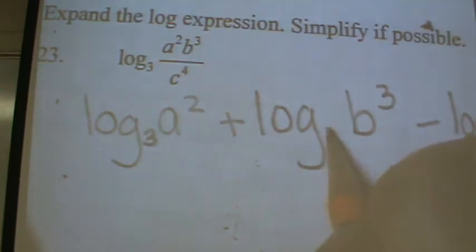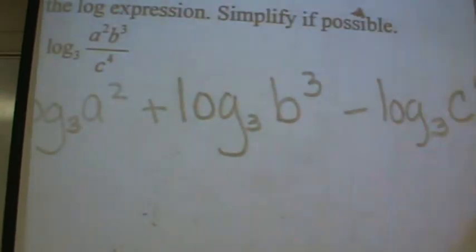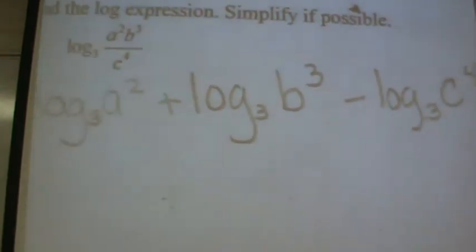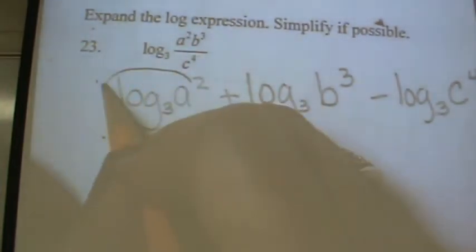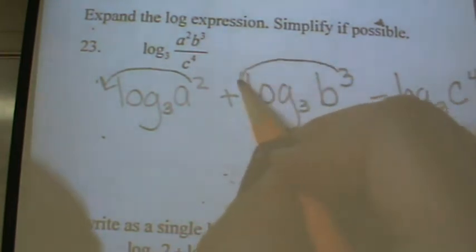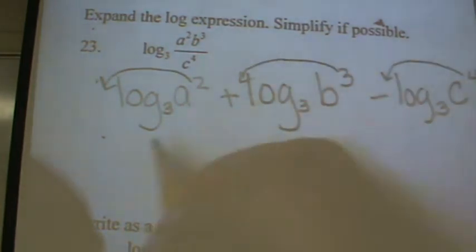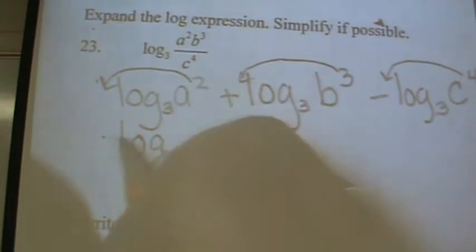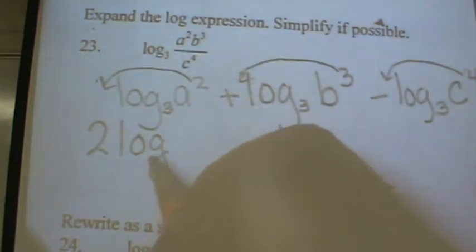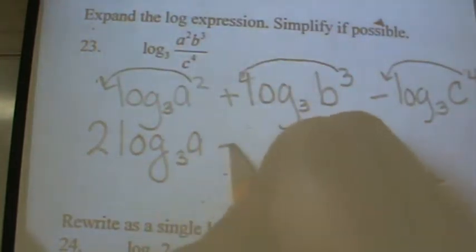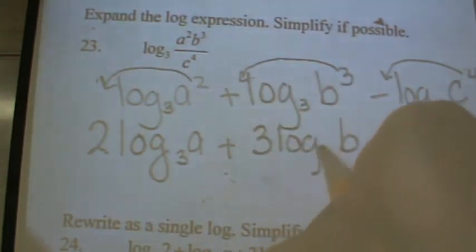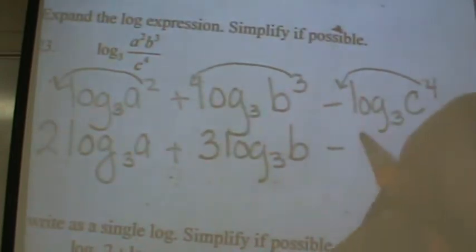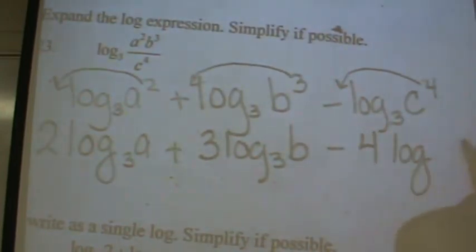What's the base on these? 3. Are all 3. Don't forget that. Now, is this answer simplified or expanded enough? Yeah, there's one more thing we can do with all these powers. All of these powers go in front. So it's 2 times the log of a base 3 plus 3 times the log of b base 3 minus 4 times the log of c base 3.